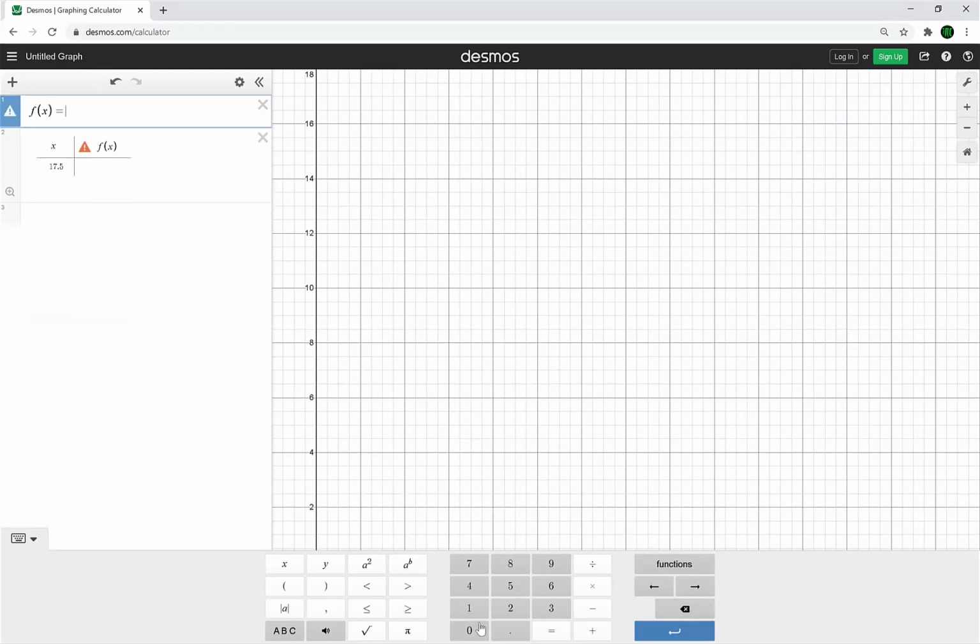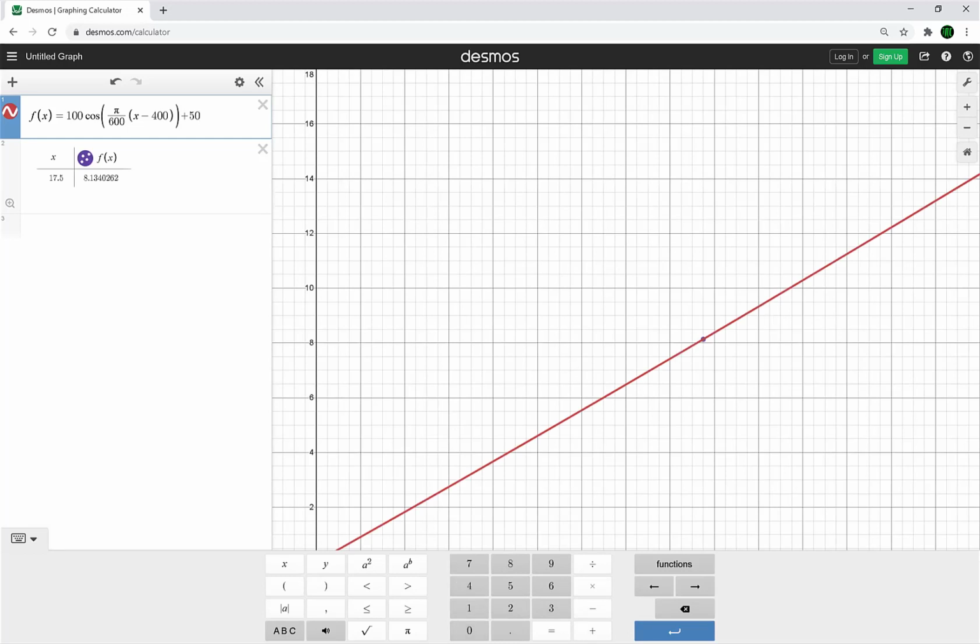I already forgot it. 100 cosine, and then it was pi over 600. And then open parenthesis, x minus 400, close, and then plus 50.